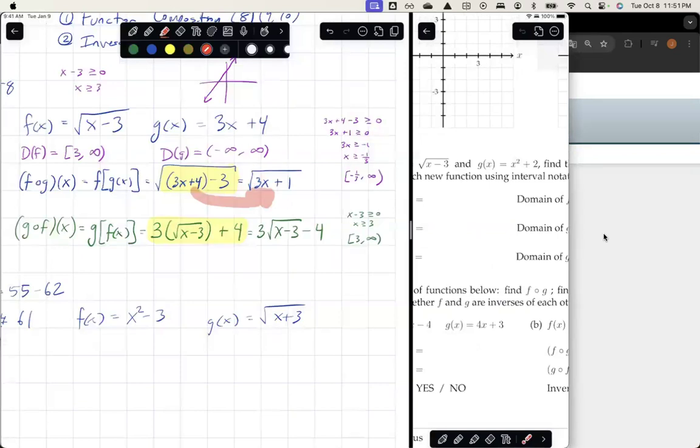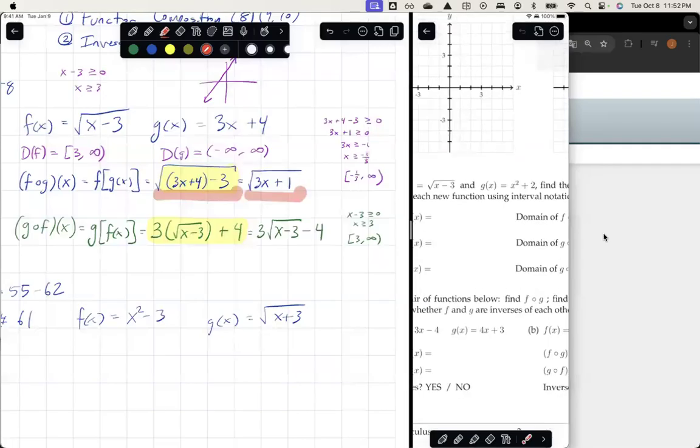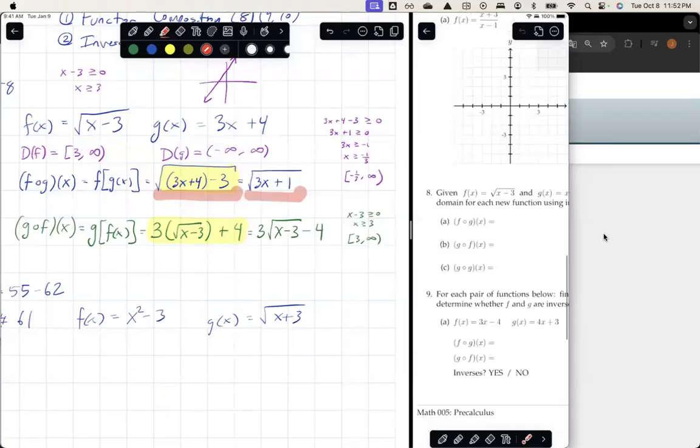So when you're doing these problems, one good little tip is that you can also graph these functions, graph each of them on Desmos. And when you're doing problem number 8, you'll notice that they're not going to be completely identical.